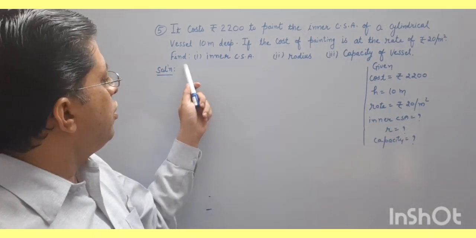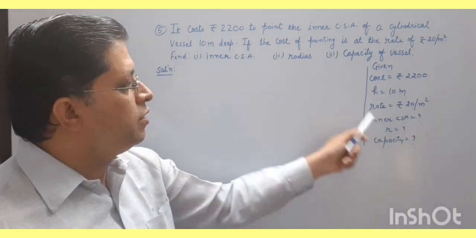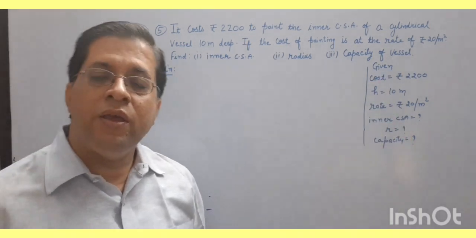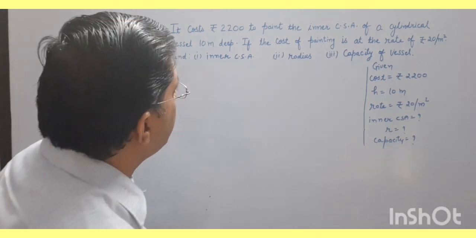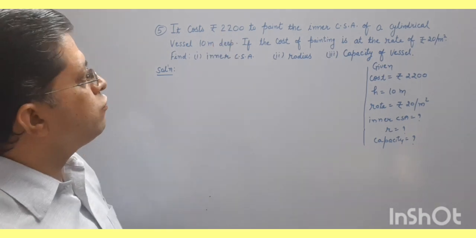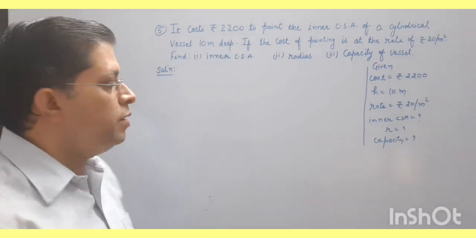What do you have to find? Inner CSA, radius, and capacity. Then where do we start? The cost is given, and you have to find how much CSA it will be.